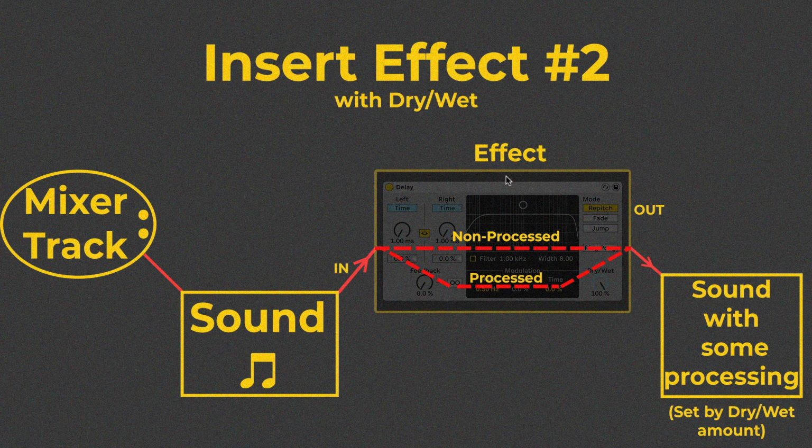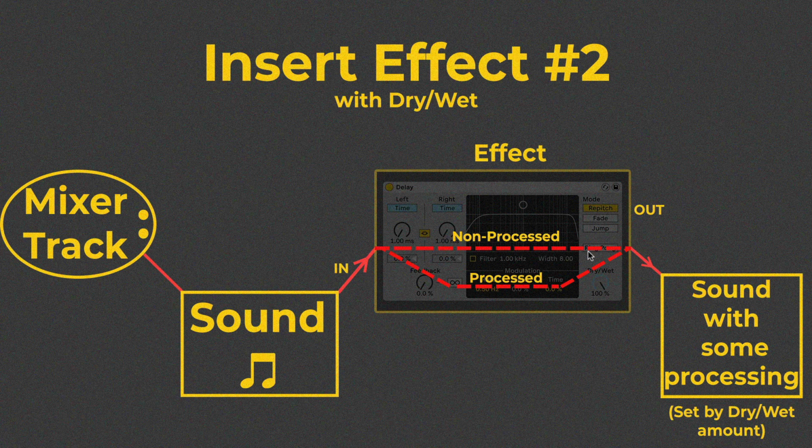But this time, because the effect has a dry-wet control, in this case it's a delay, but it could be one of a number of effects, the difference here is that the signal path is splitting in two within the effect. So that one signal path through the effect is the non-processed sound, where the effect is literally doing nothing to the signal. So it's passing straight through the effect as if it wasn't there.